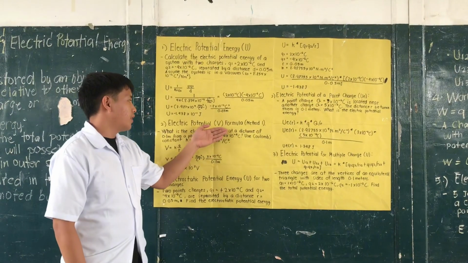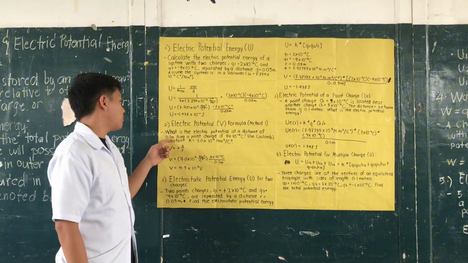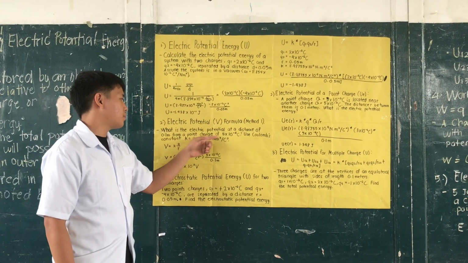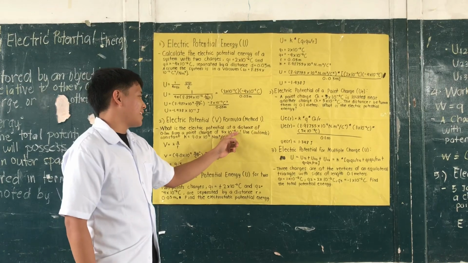Electric potential V, formula method 1. What is the electric potential at a distance of 0.1 meter from a point charge of 5 times 10 to the power of -6 coulomb?